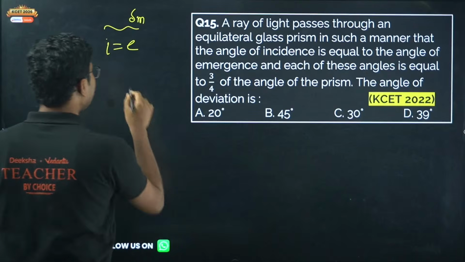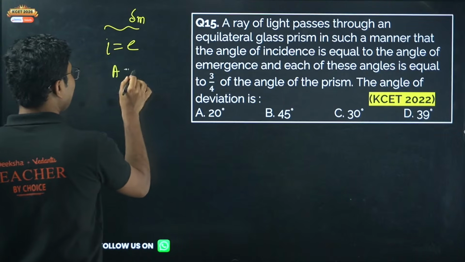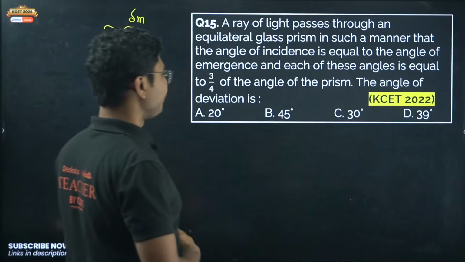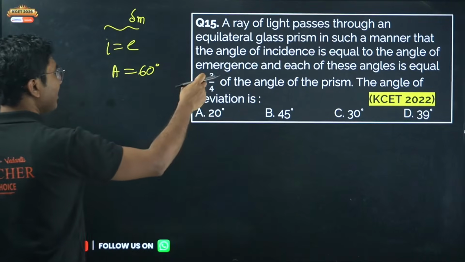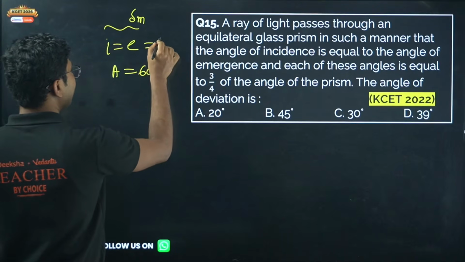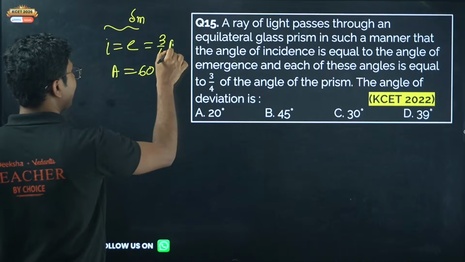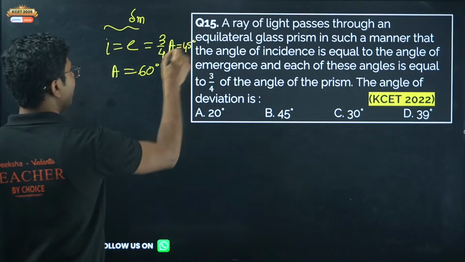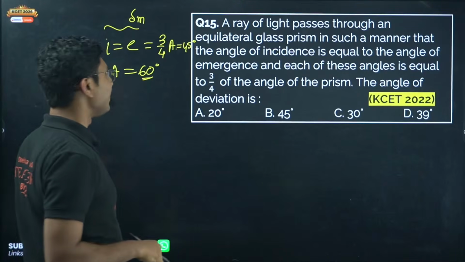Equilateral prism means A equals 60 degrees, and it is mentioned that I and E are 3/4 of A, that is 45 degrees. If you put 60 degrees over here, it will be 45 degrees.